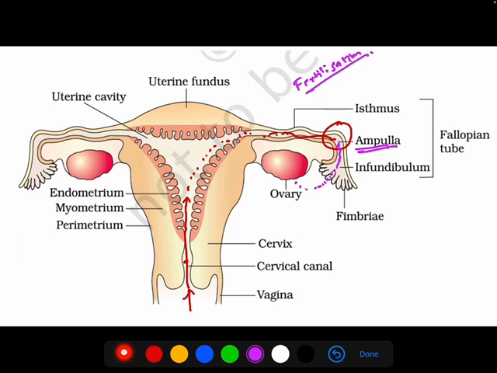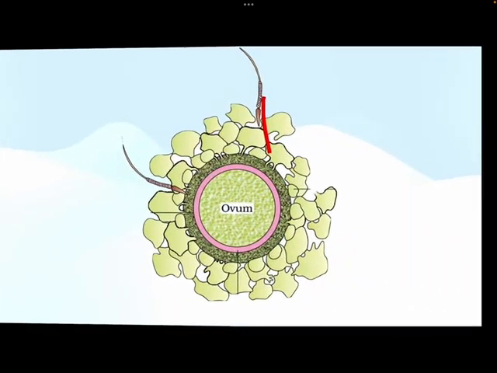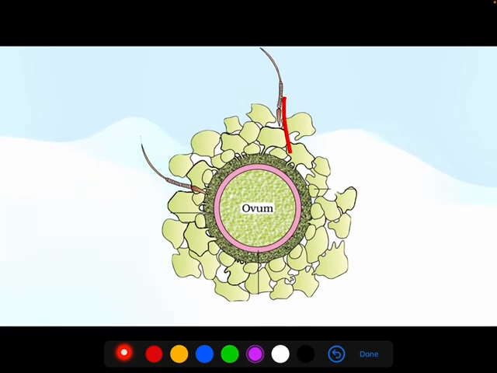What is fertilization? It is nothing but the union of the sperm and the ovum. So here we can see this is an ovum, this is the sperm. Now the ovum has this layer of cells called the corona radiata.